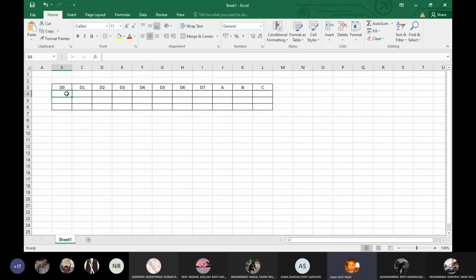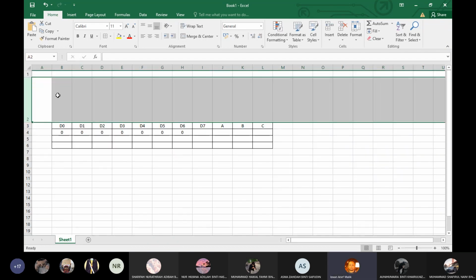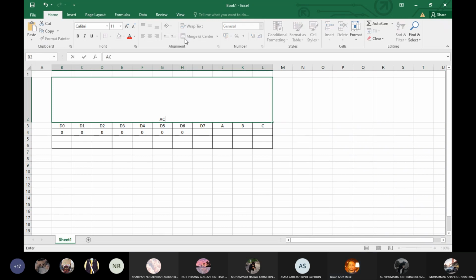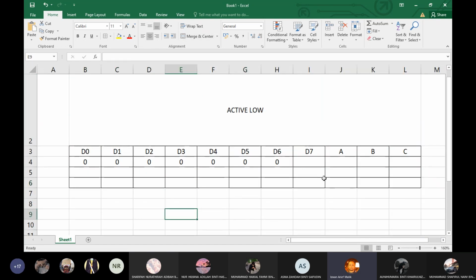Just now it said all 0: 0, 0, 0, 0, 0, 0, 0, 0. It is active low. Remember that it is active low. Active low means it responds to zero. So when you have all zeros, it means all of these are actually high.